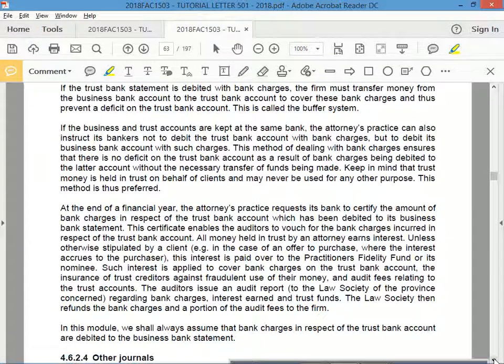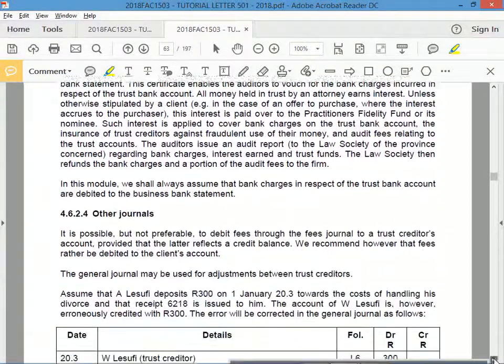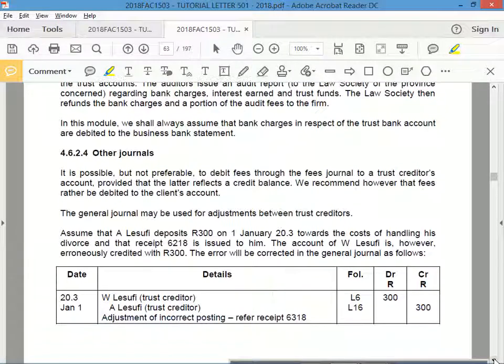You can read the rest here. This is additional information relating to the charges. Let's look at another journal. Maybe this is important. In this module, we shall always assume that bank charges in respect of the trust bank account are debited to the business's bank statement. So that's what they've assumed.